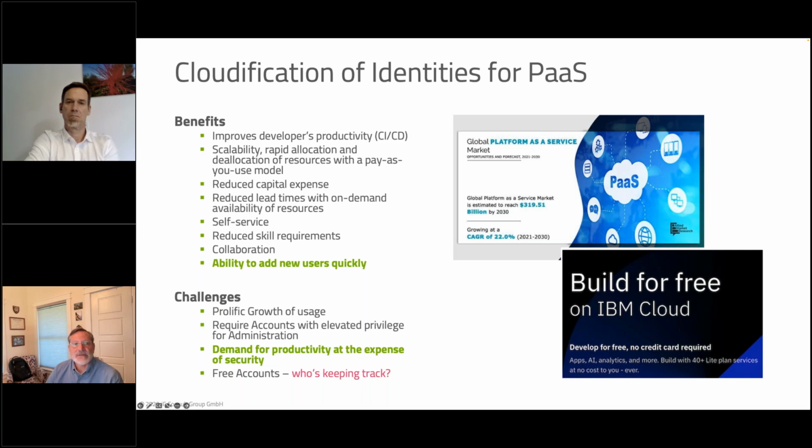And the question there is, who's keeping track, especially when departments outside of the purview of IT security or InfoSec or the CISO's organization are able to just very quickly begin to use these services.